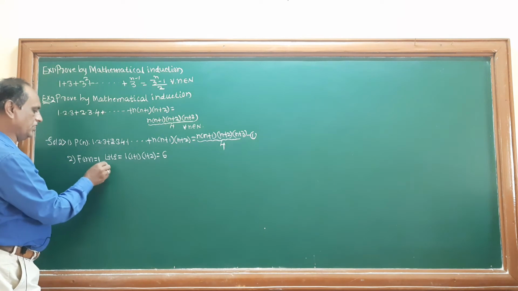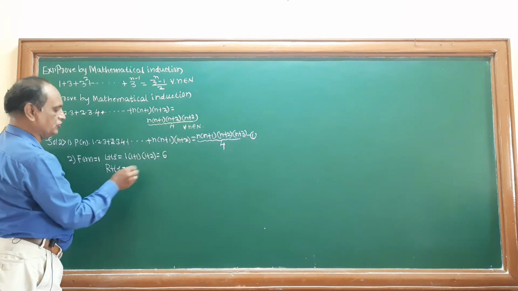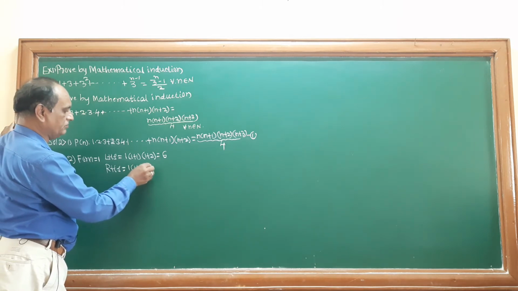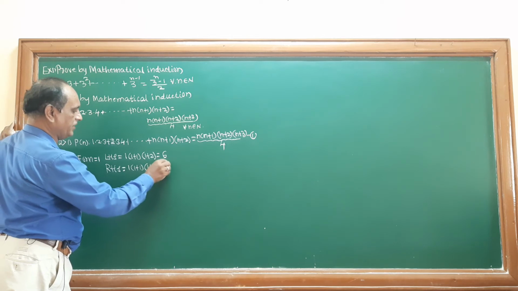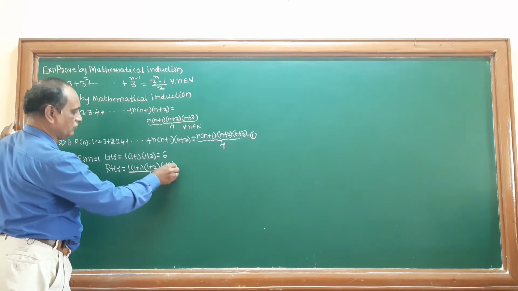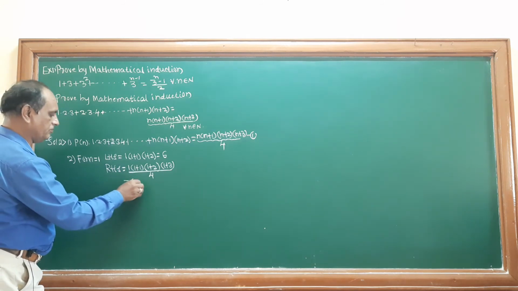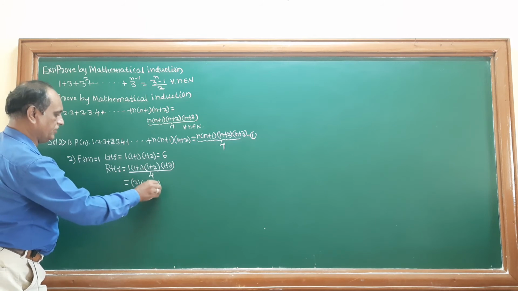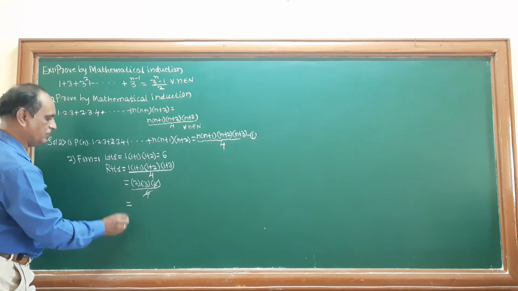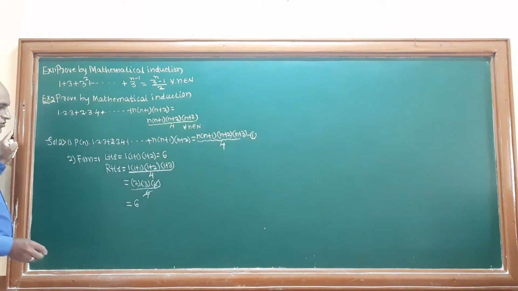On the same line, on the RHS, substituting n equal to 1, we get 1 in the bracket 1 plus 1 multiplied by 1 plus 2, multiplied by 1 plus 3, divided by 4, so this is 2 multiplied by 3 multiplied by 4, divided by 4. The 4 gets cancelled, therefore totally 2 into 3 means 6. Therefore, at the end, LHS is equal to RHS.